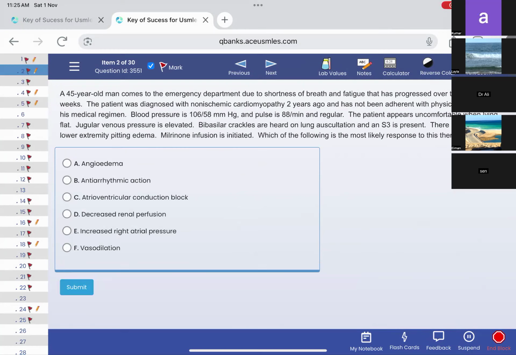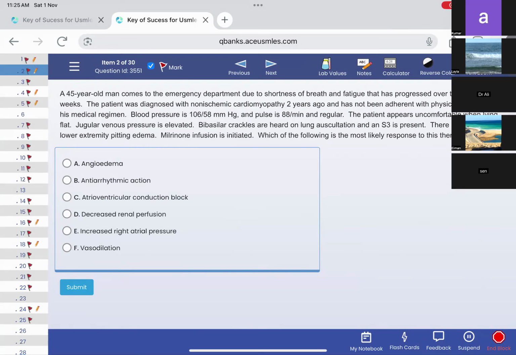Any volunteer? Which of the following is the most likely response to this therapy? A 45-year-old man comes to the emergency department due to shortness of breath and fatigue that has progressed over the last 2 weeks. The patient was diagnosed with non-ischemic cardiomyopathy 2 years ago and has not been adherent with physician visits and his medical regimen.